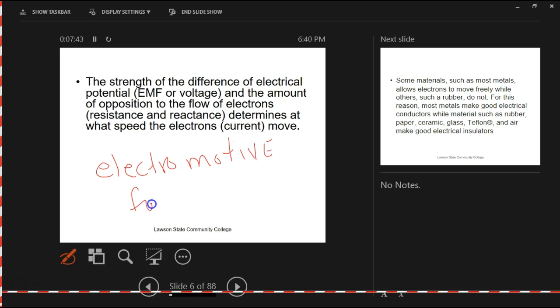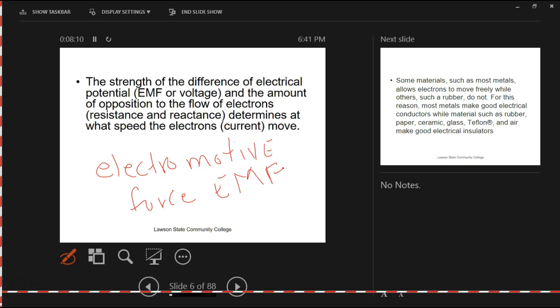We refer to this as an EMF. A lot of books don't teach voltage, they teach electromotive force or EMF. And when they change their formulas, they'll use E instead of V. So we'll use this term quite a bit, EMF, or what a lot of people call voltage.